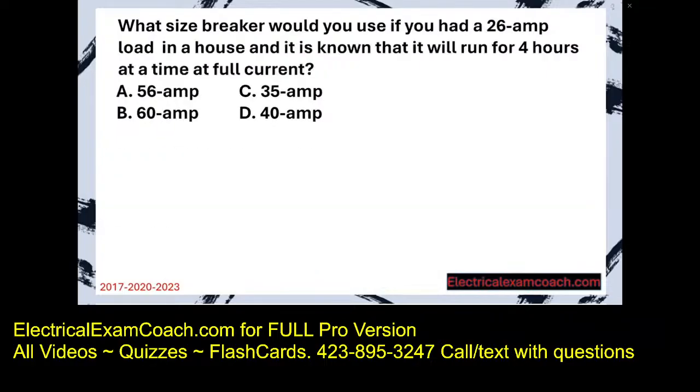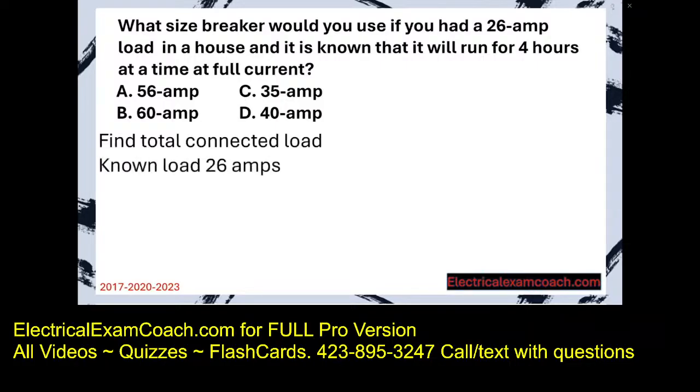What size breaker would you use if you had a 26 amp load in a house and it's known that it will run for 4 hours at a time at full current? Step 1, find the total connected load. Our known load as of right now is 26 amps. Now we got to check for demand factors. In this case, it's going to qualify as a continuous load.